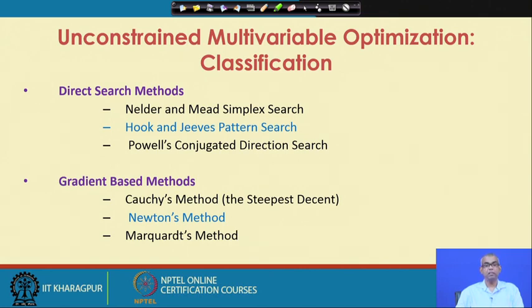These we will cover this week. In the following week, we will talk about gradient based methods. These methods make use of gradient information, and the direct search methods make use of only function value information. The gradient based methods that we will discuss during the course are Cauchy's method or the steepest descent method, Newton's method and Marquardt's method.